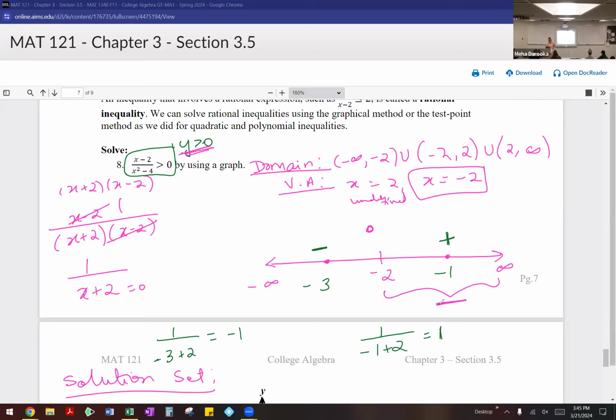We know it's this interval. But we also know we cannot have x equals 2 because that makes my original function undefined. How are you going to write your interval notation for the solutions?